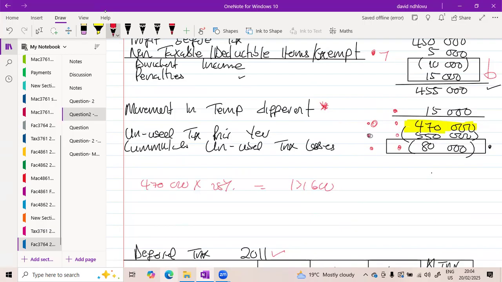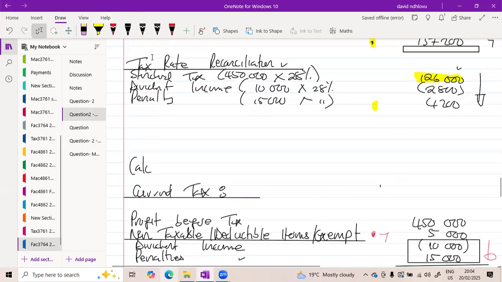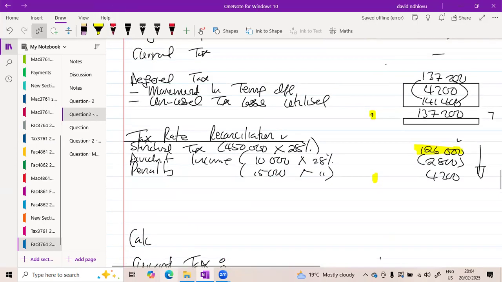But we did not deal with that because we ended up with a bigger figure, which amount we said is what? I think I'm overextending. You have nightmares. 141. Or we ended up with 137,200. Okay, or 141,400 minus 131,600.